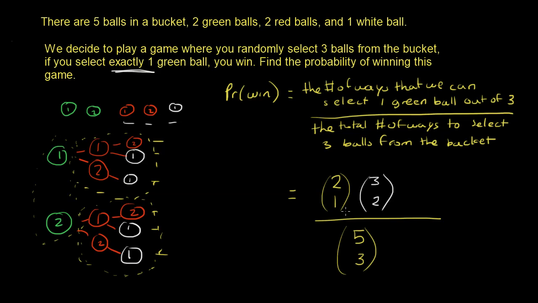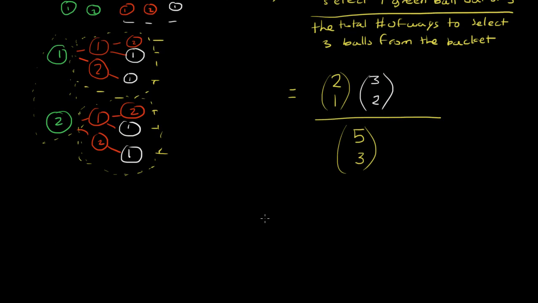All right, so let's go ahead and calculate this. Remember our formula for combinations: n choose k is n factorial divided by k factorial times n minus k factorial.